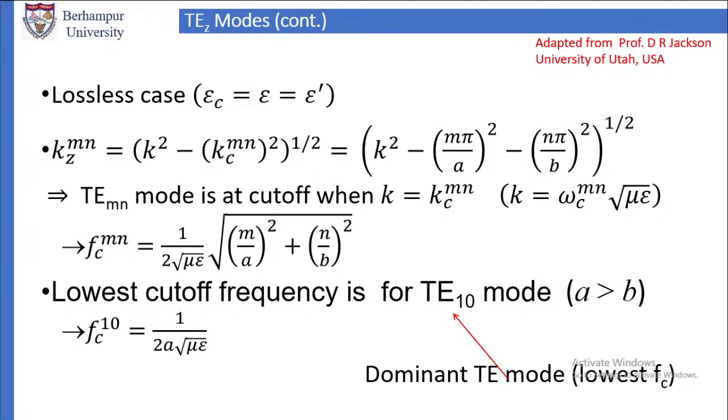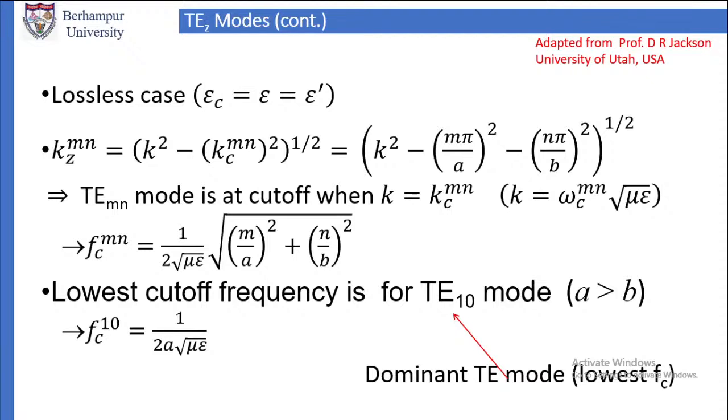So omega_mnc is equal to 2 pi fc. So you put 2 pi fc is equal to 1 by root over of mu epsilon into root over of (m pi by a) whole square plus (n pi by b) whole square.